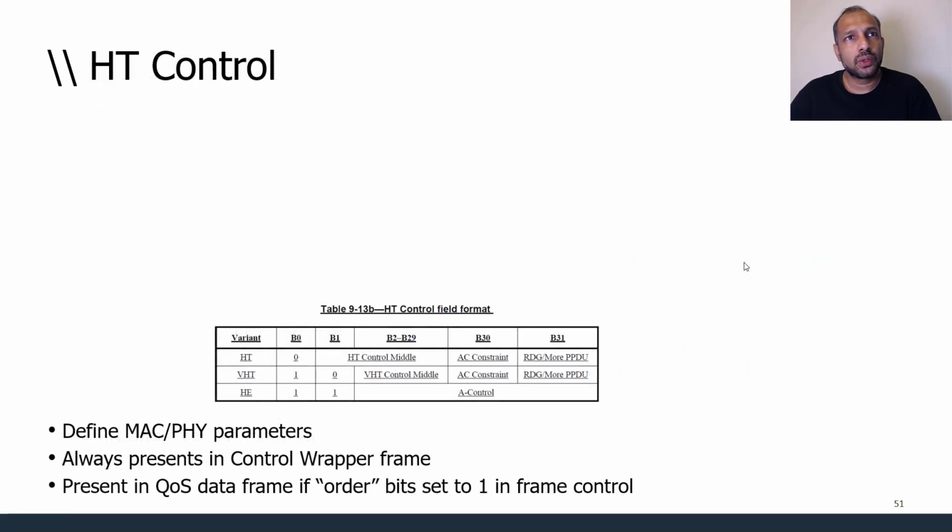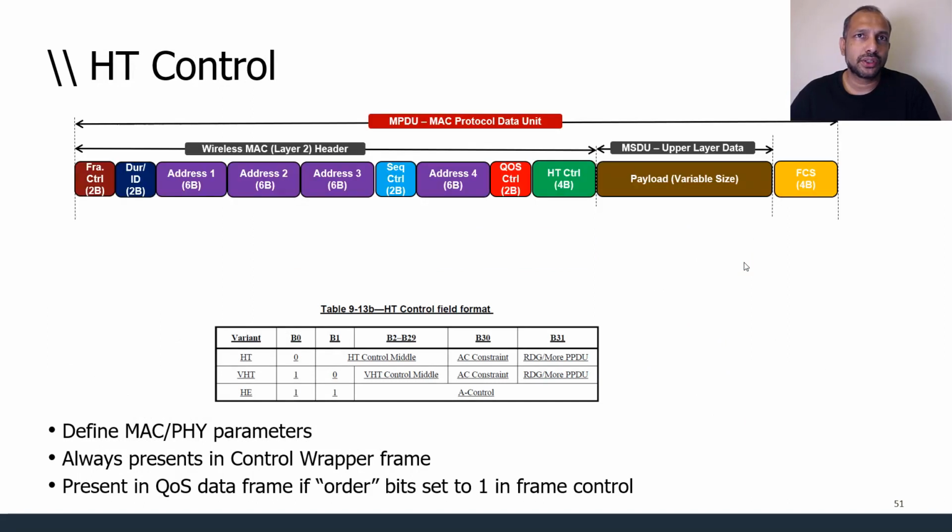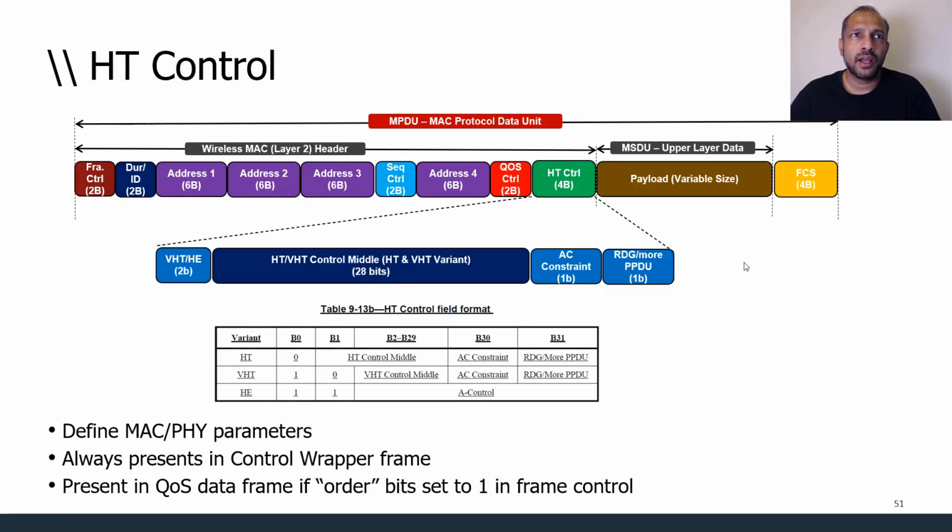So now let's look at what is in the HT control field. Again, as we discussed, this is available just to convey certain PHY and MAC layer characteristics. As you can see here, this first bit was introduced with the HT control field with 11n in 2009.